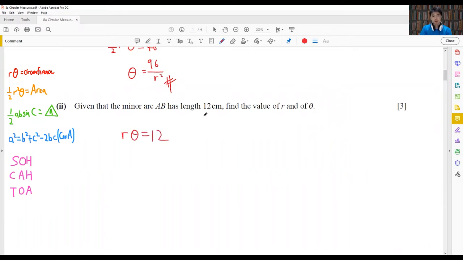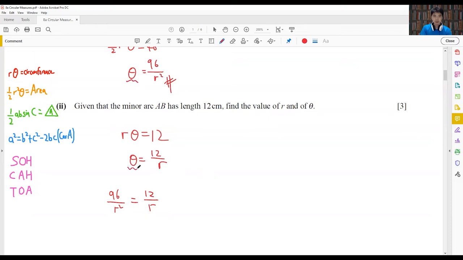All right, and from here to find the value of r and theta, we actually need to use somewhat of a simultaneous equation, making theta the subject. In this case, theta is equals to 12 over r. Then from here, we can equate both of these equations. 96 over r squared is equals to this 12 over r, because they are both equals to theta.